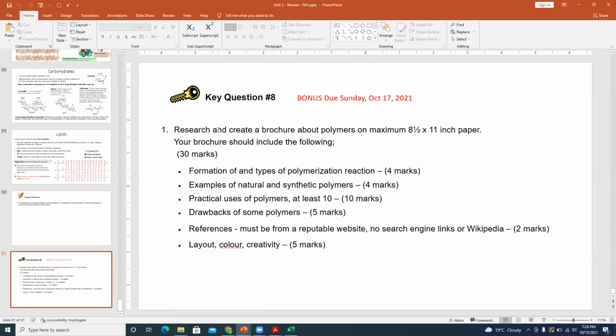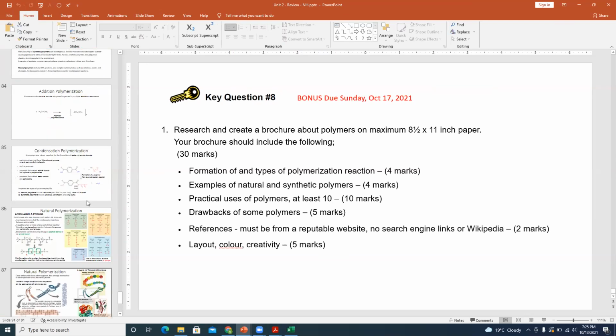You can do this kind of design in Word, PowerPoint, or Illustrator. Whatever software you like, you can create this with it. In previous years, I've had some very nice brochures on polymers handed in with a lot of good information on them.